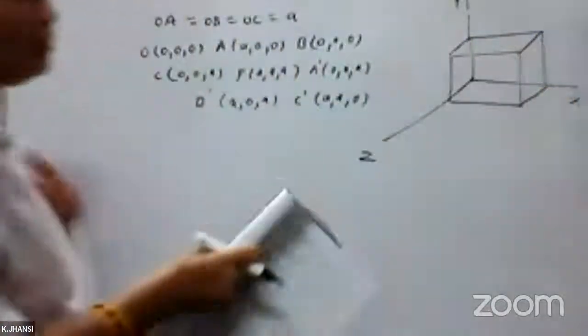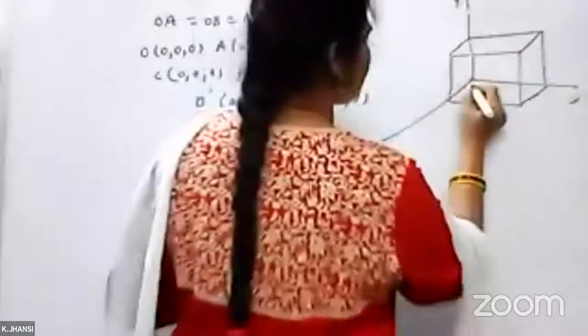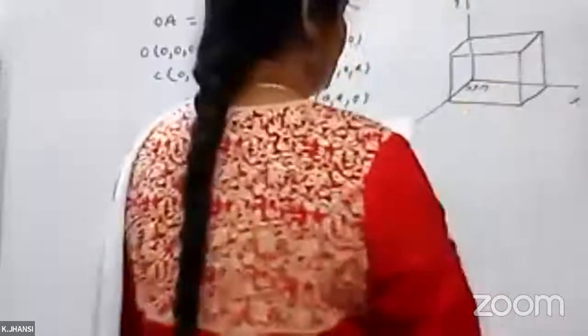like this cube. Further we are finding. So here the origin is 0, 0, 0.